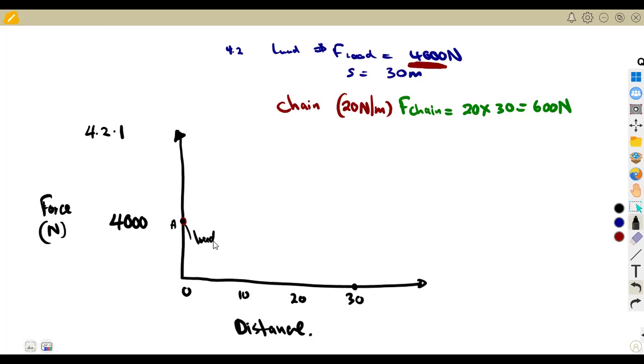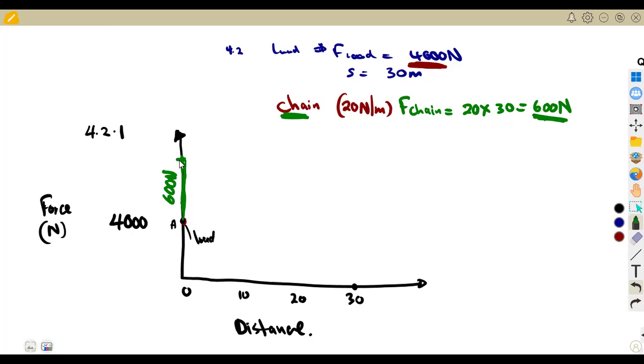Then from A, we go to B, where we consider moving through this whole part that we are taking from A up to B. The difference that we see here is the weight of the chain. So this is the weight of the chain, which is 600, that's where we have the 600 Newton here.